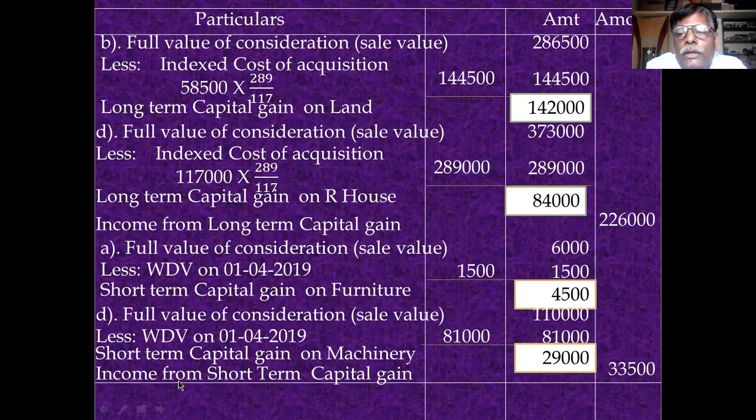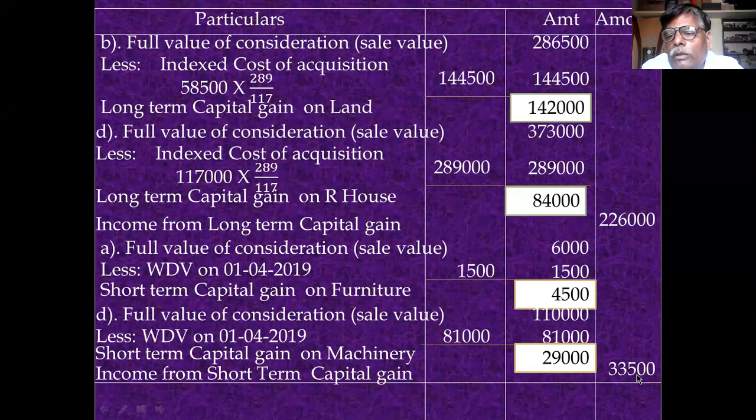If the ultimate result of short-term capital assets is a loss, you adjust that loss in the above long-term capital gain. It is permitted, but don't adjust a long-term capital loss in the short-term capital gain.